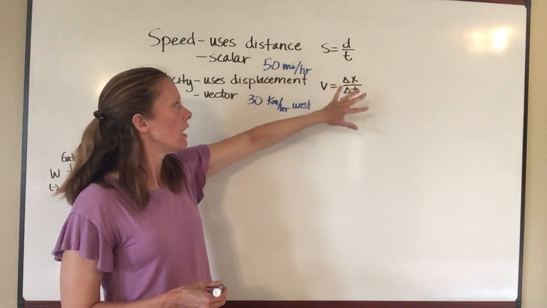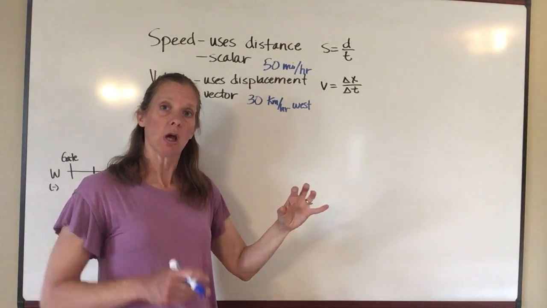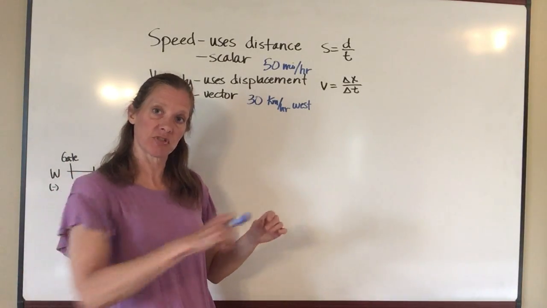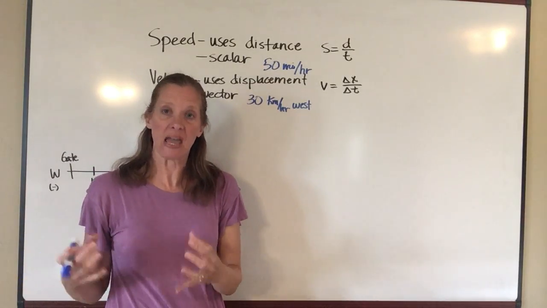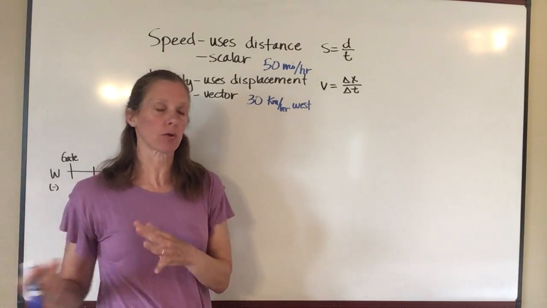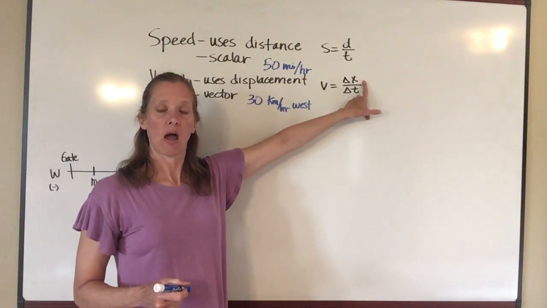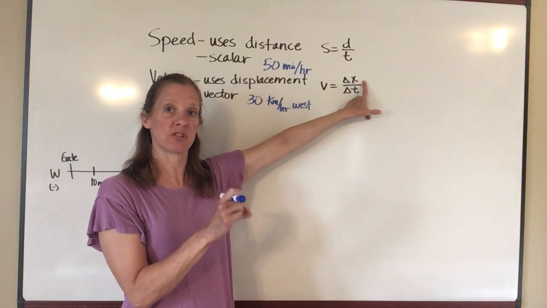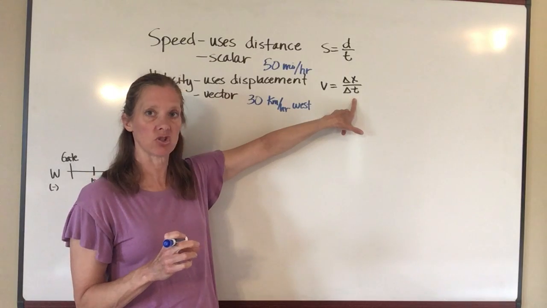So basically, just like we said, displacement is looking for where I started to where I ended, not the number of steps I took in order to get there and whatever path I may have taken that went way out of the way. Here I'm talking about displacement, so it's the change in my final position to my initial position. What was the change that took place over the change in time?